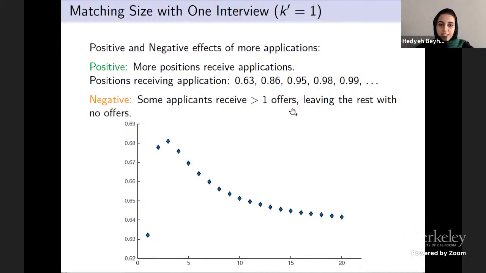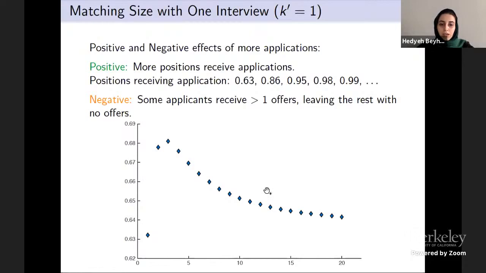But the negative effect is that since the applicants are applying to multiple positions, the probability that an accepted application belongs to some applicant who has other accepted applications increases. So this leaves some of the agents with more than 1 offer, while the rest receive no offer. So in this picture, we see that after we increase the number of applications from 3, the negative effect takes over and we have a decreasing curve.